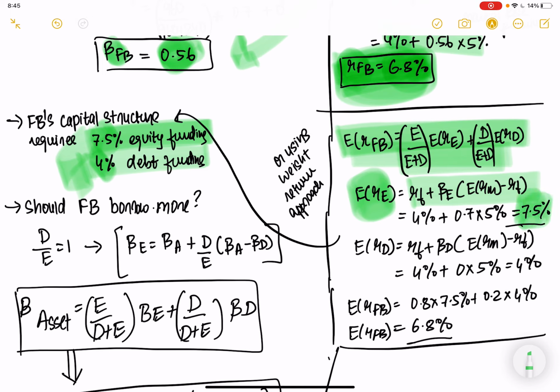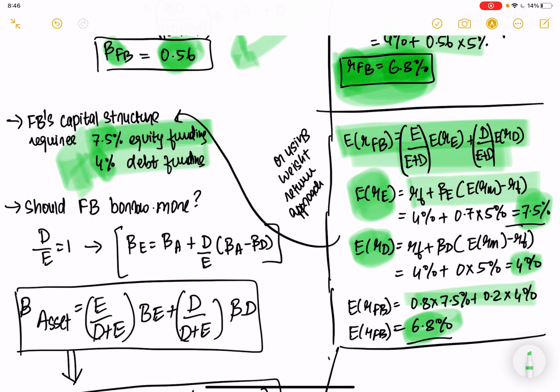So we get expected return on equity as 7.5%, and similarly we can get expected return on debt as 4%. If we weight and average them together, we get Facebook's overall expected return, or cost of capital, to be 6.8%. So it actually went down, right?